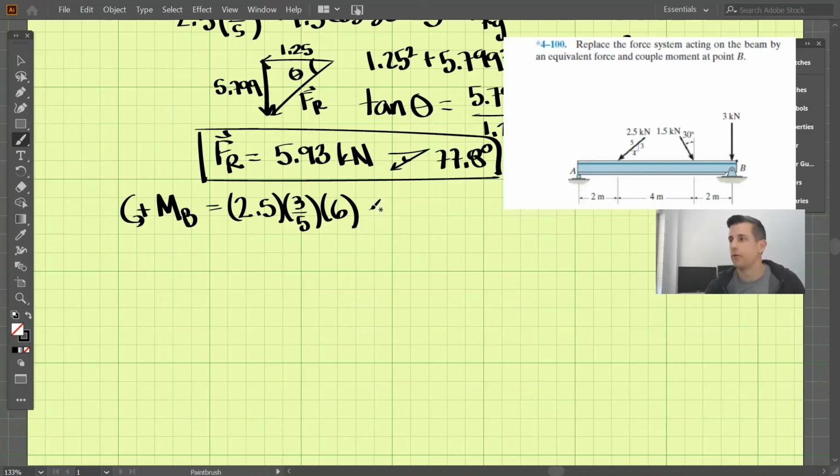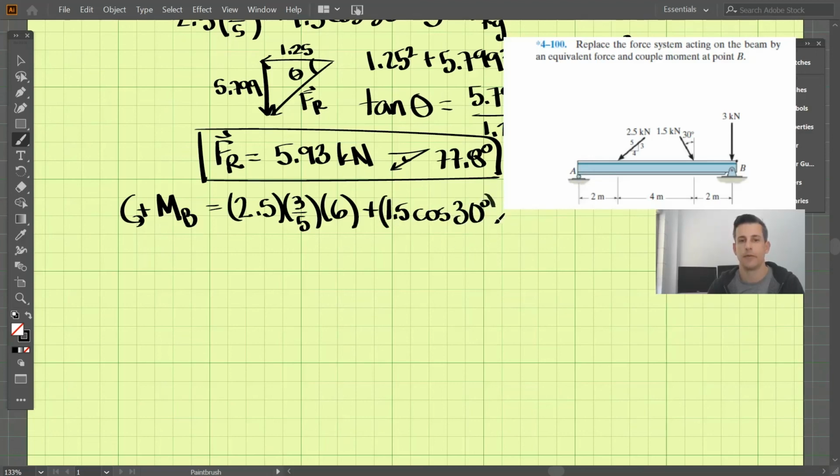Moving on to the 1.5 kilonewton force, we only want the downward component of that, and that's also going to create a counterclockwise motion around point B. So we have 1.5, and the vertical component of 1.5 should be cosine of 30 degrees.